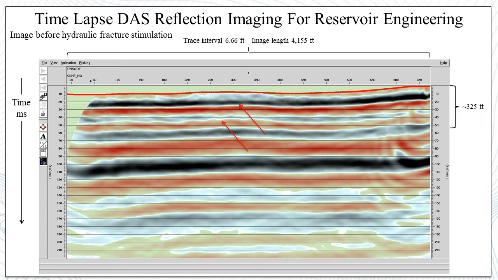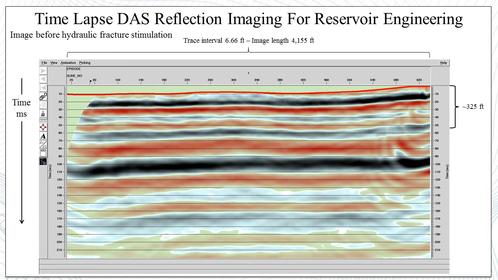We see quite a lot of change in that reflector, which is not surprising since it's really close to the wellbore, and so a lot of the fracture should have occurred in that area. And then that lower red arrow is a place where we saw some really big changes in the reflection coefficient. It almost looks like there's a change in structure, which can't be the case, but the reflection coefficients can change. So you'll see where those are in the next 2 slides.